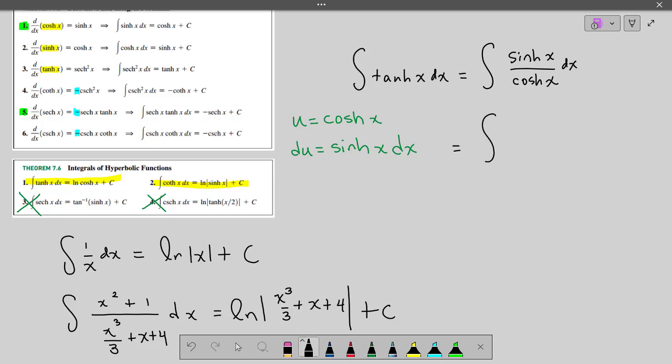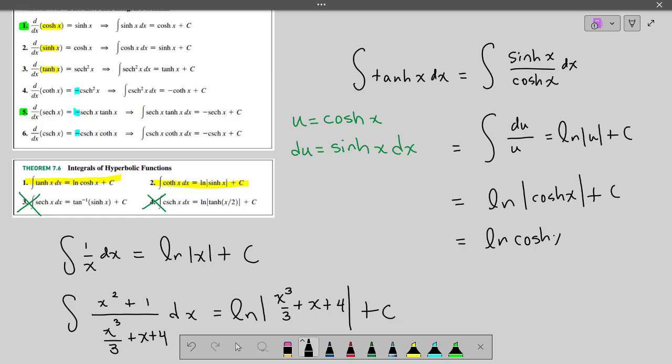You're going to end up with, okay, if we let cosh be u, then sinh times dx is du, and then we get natural log absolute value of the denominator. And then this is going to be natural log of absolute value of cosh. And then we say, oh, well, cosh is never negative, so you can take away that absolute value symbol.